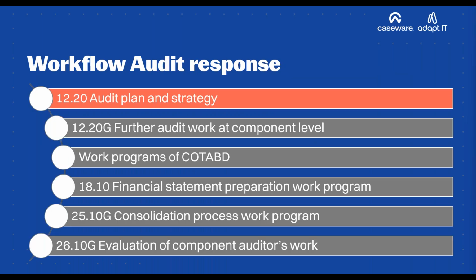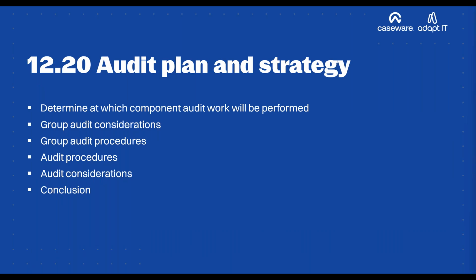In our audit process, we have now completed the risk assessment process and procedures, we know where our risks are, and of course now we want to respond to those risks. We start off with the audit plan and strategy. And what is new, what is different in the group audit plan and strategy?